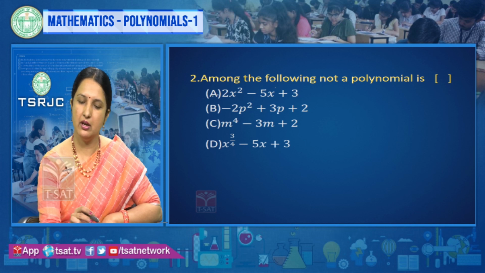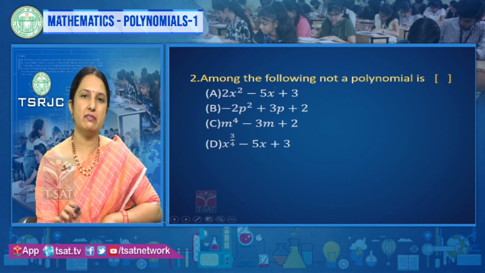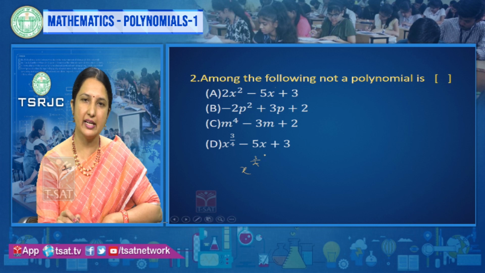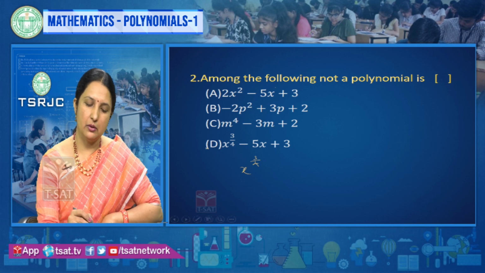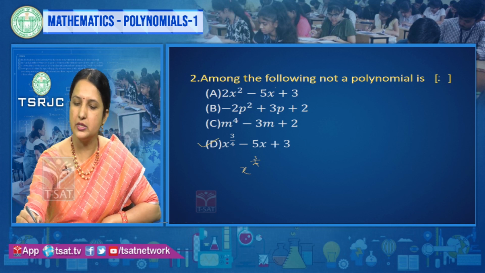So, the first one is a polynomial. Second case also it is a polynomial. Third case is also a polynomial. But when it comes to the fourth option, the power given is a rational number, x power 3 by 4. 3 by 4 is a rational number. So, option D is not a polynomial. You have to select option D.